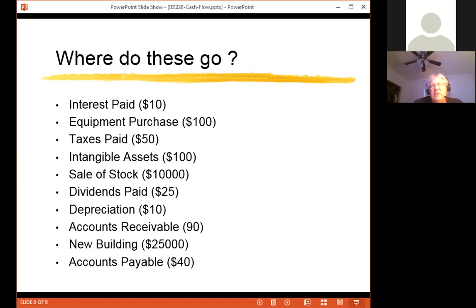So those are items that would show up as something that we've decided we're going to have to pay for. And what we look for in the third section of financing, you've got the sale of the stocks and things of that nature, where these are a source of money that we'll have access to.